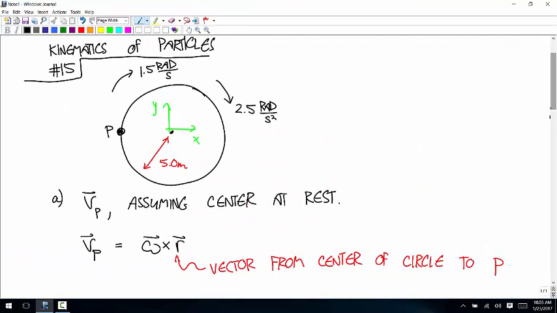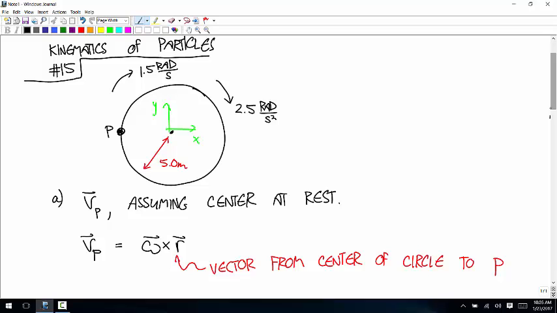All right, so if the angular velocity is this way, then put your fingers in that direction. It says that the direction of the angular velocity vector is into the page. Is that a positive or negative z direction?